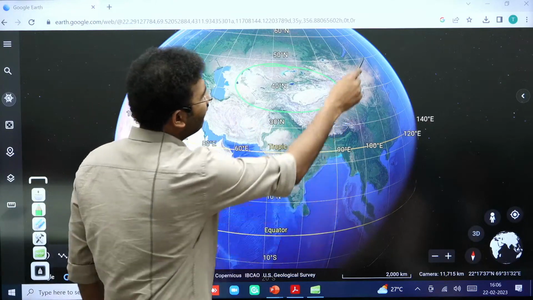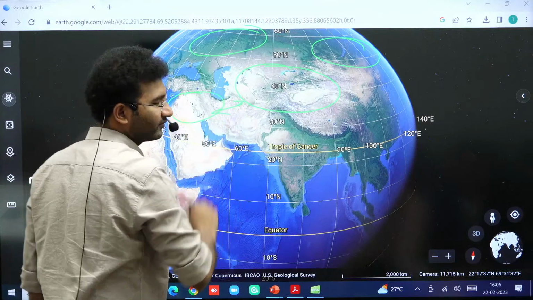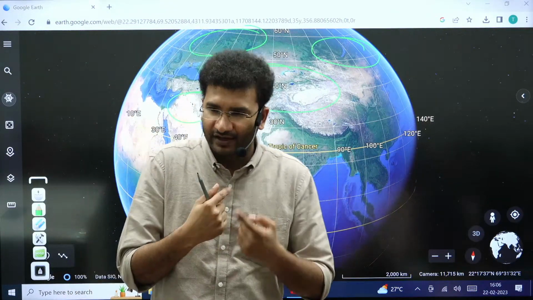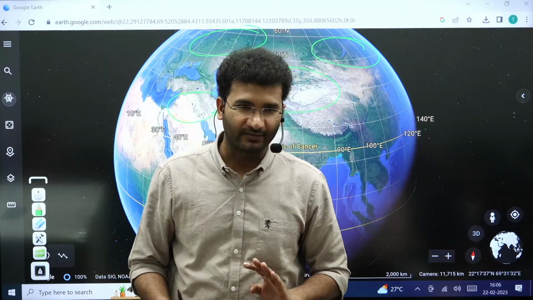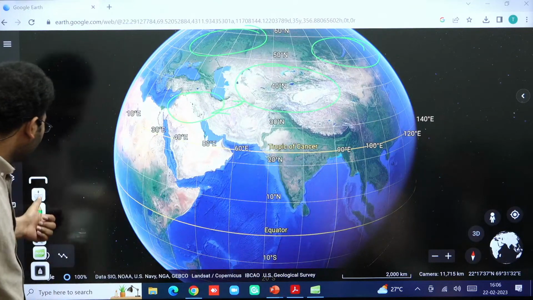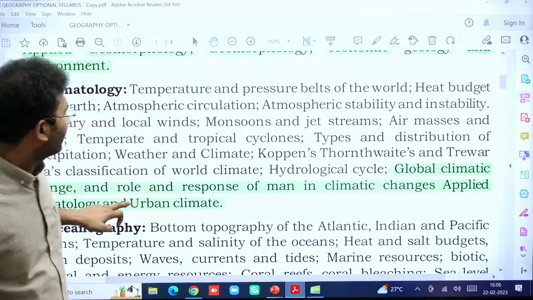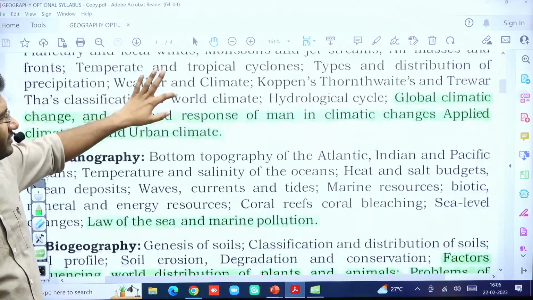Like that, you have multiple air masses. Sometimes these air masses interact. Whenever they interact, they create some kind of rainfall, thunderstorms, clear skies, those things we need to study. That is nothing but your air masses. Temperature and tropical cyclones, very easy topics.